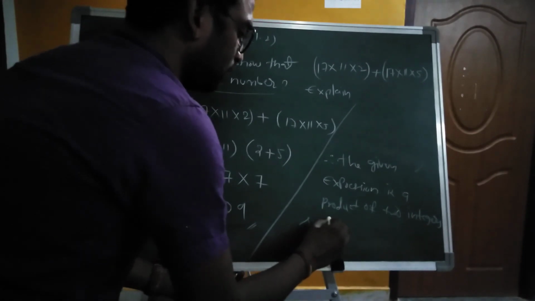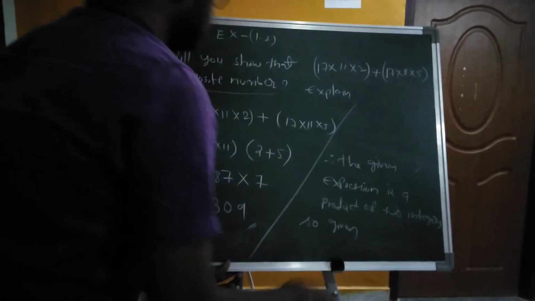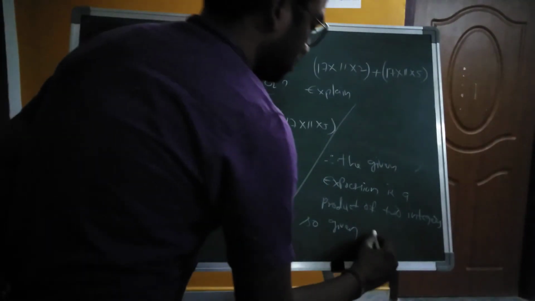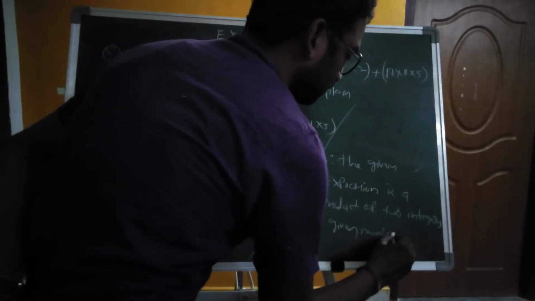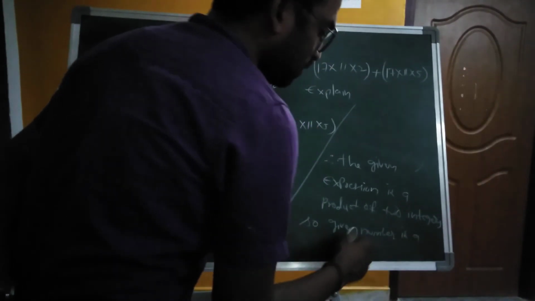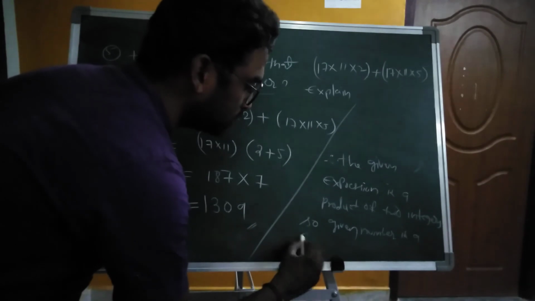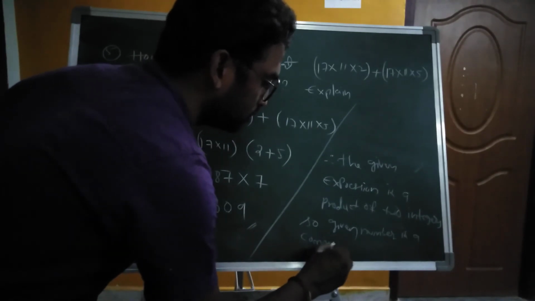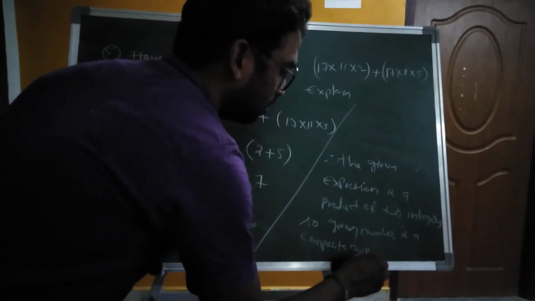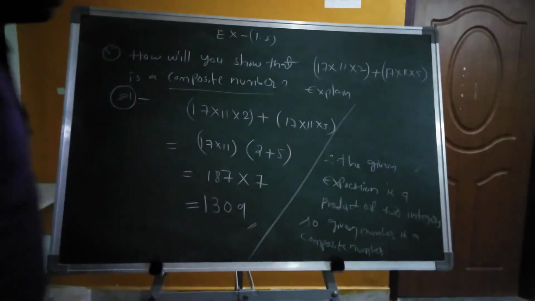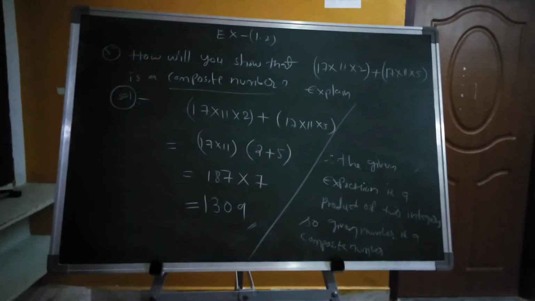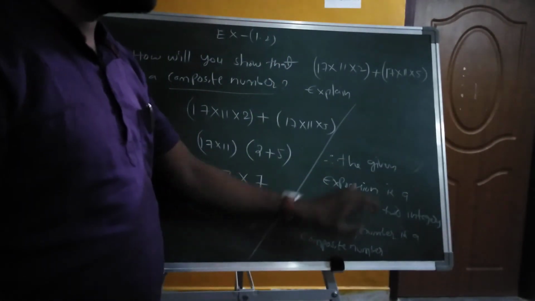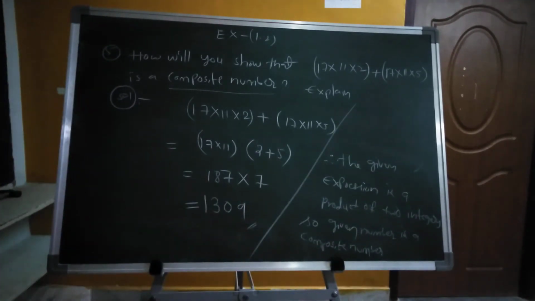So the given number, or given expression, is a composite number. Very easy. Write down the statement finally. Copy it.